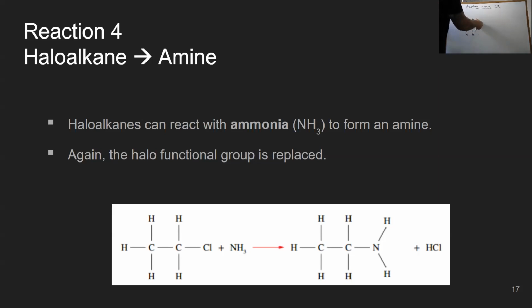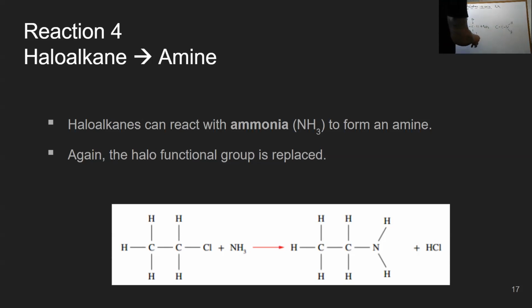So we have ethane again. Chlorine is the example they've used here. We add NH3, which is ammonia. We end up with the hydrogen all the way around.